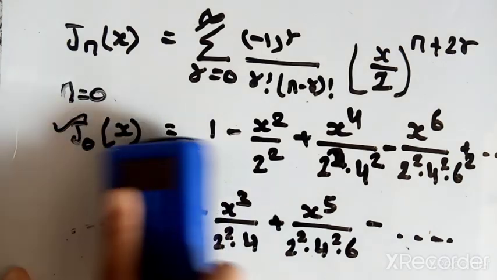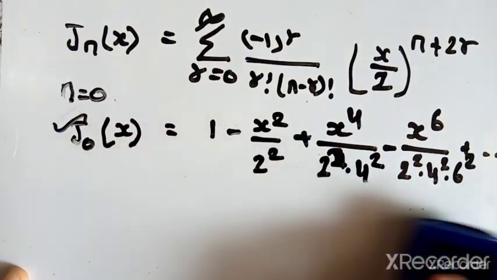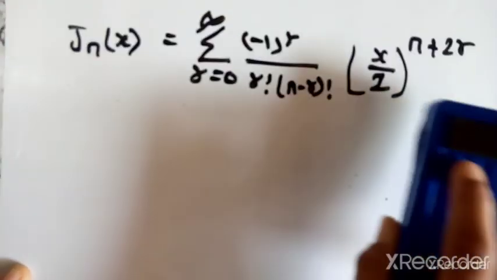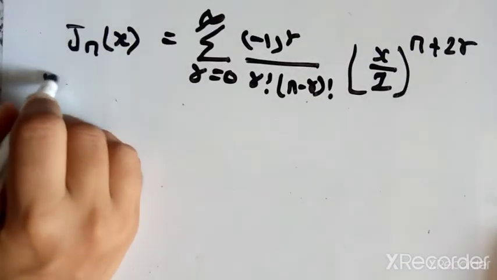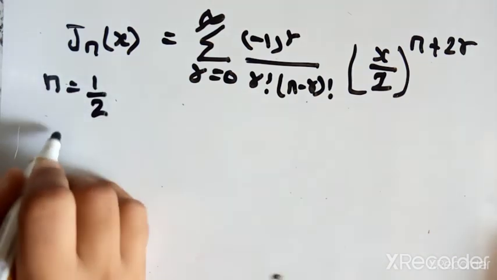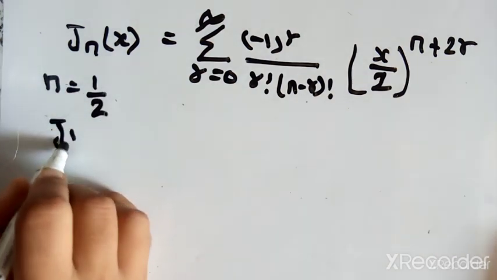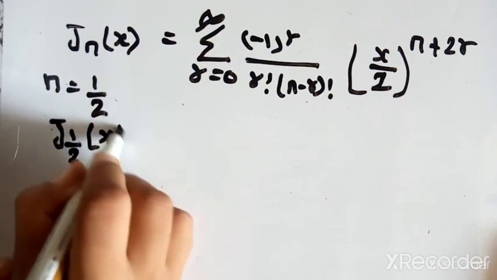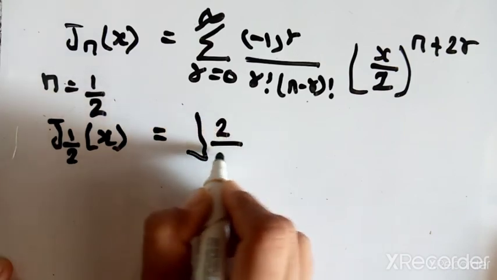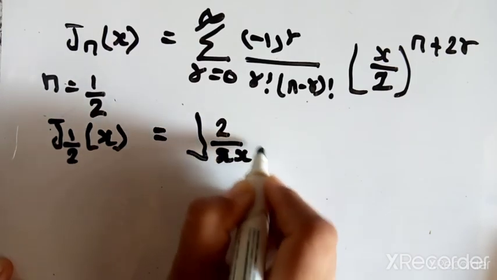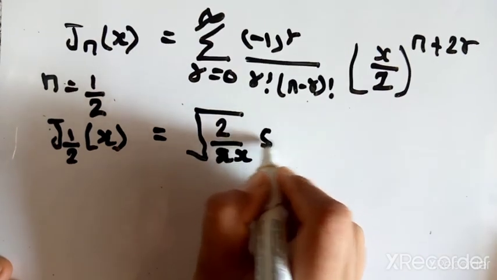Now we find other results. We use n equal to 1 by 2, n equal to minus 1 by 2, and n equal to 3 by 2. These results are also important. For n equal to 1 by 2, J 1 by 2 of x equal to root of 2 divided by pi x into sin x.